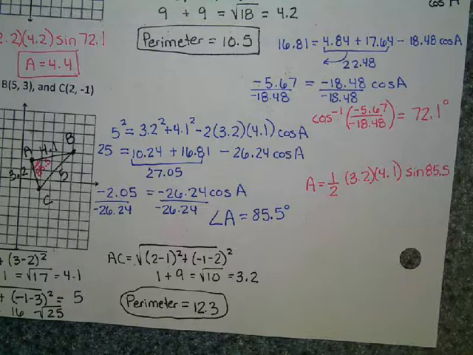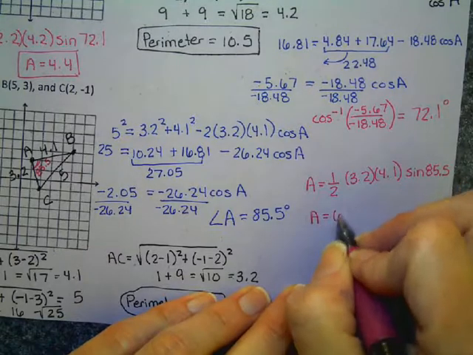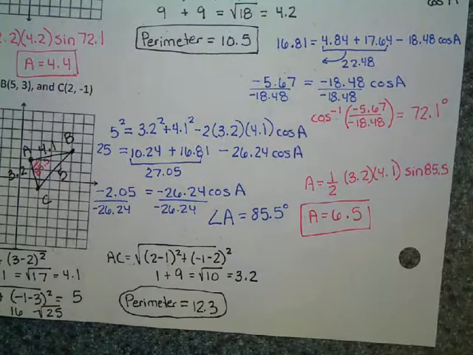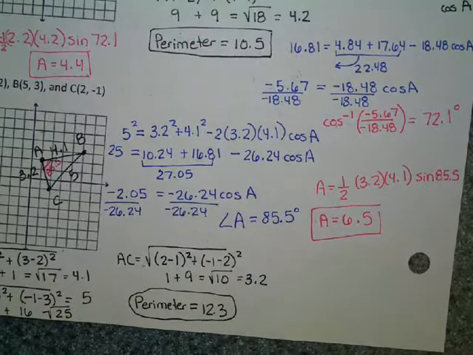With that being said, I know on this example I've used a lot of cosines and sines. If you are not in degree mode, it's not going to come out to the same answers decimal-wise as I'm getting, so make sure your calculator is set in degrees. Otherwise, we would be getting different answers on these. So 0.5 times 3.2 times 4.1 times sine of 85.5. Our area comes out to about 6.5.